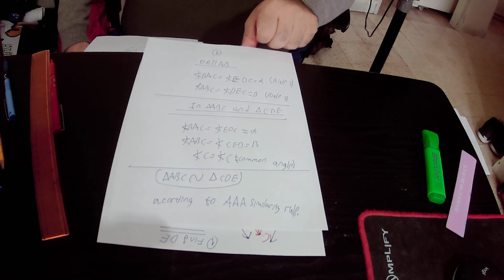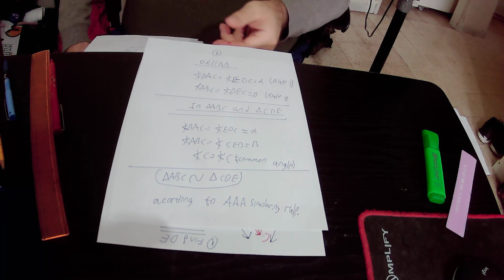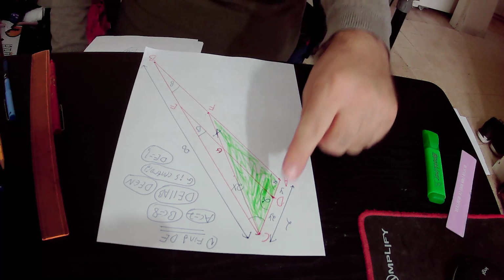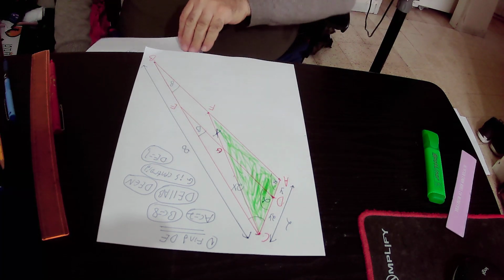From the fact that triangle ABC is similar to triangle CDE, we can conclude that CD over CA equals DE over AB.